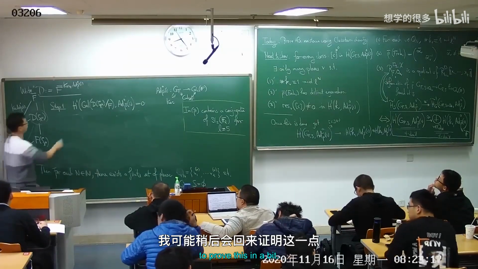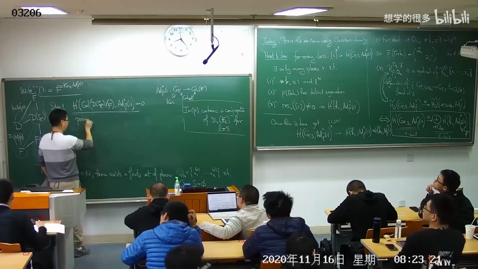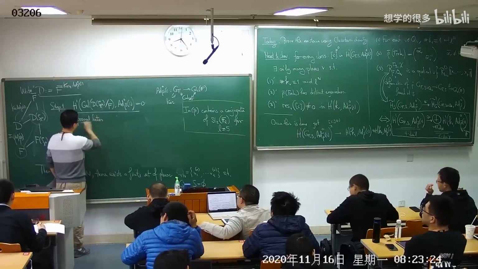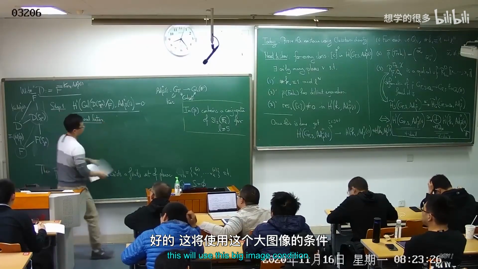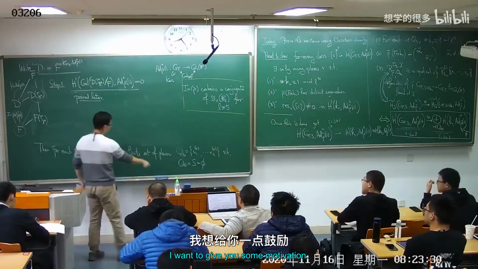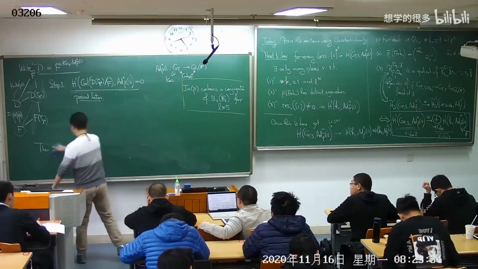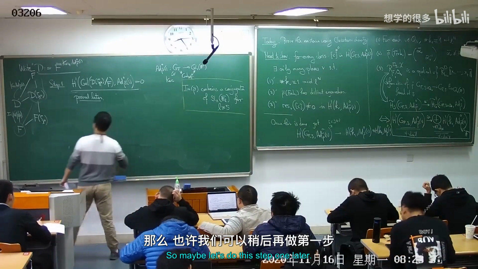Maybe I'll come back to prove this in a bit. Okay. So let me prove later. Okay, this will use this big image condition. I want to give you some motivation why I want to do this before proving it. So maybe let's do step 1 later.